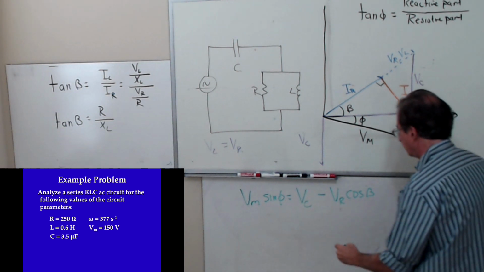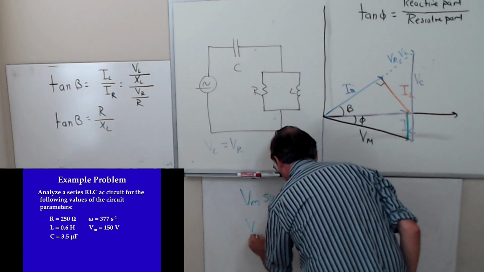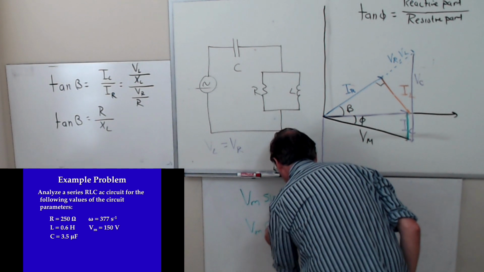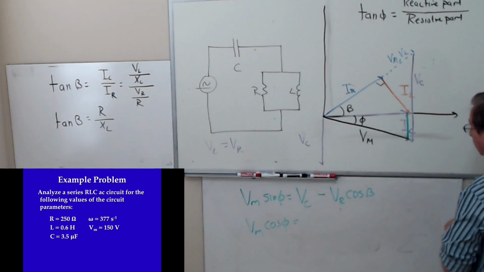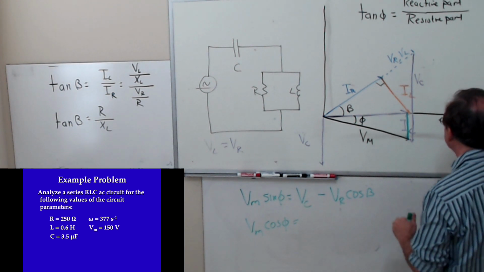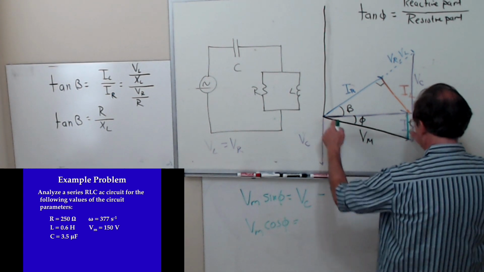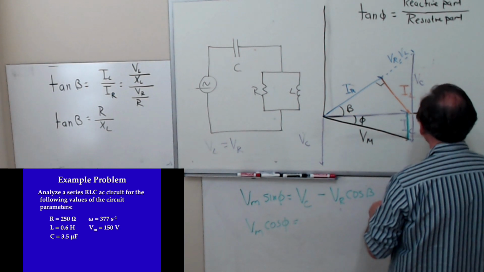And then the other component, v sub m cosine phi, is going to be sine beta, not cosine, sorry. Isn't it, right? Yes, sorry.